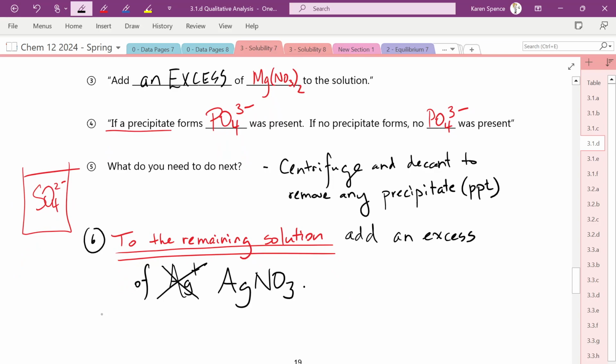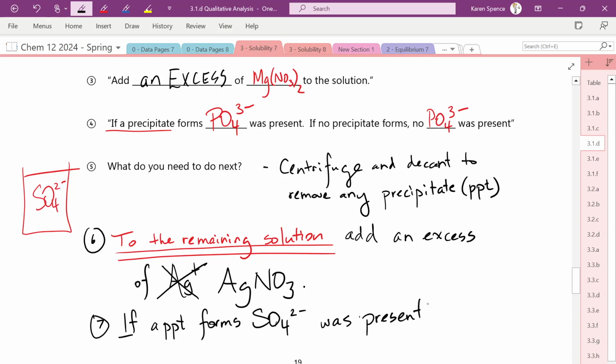After you've done that, you look at your beaker and you say, is there a precipitate? If a precipitate forms, SO4 2- was present.